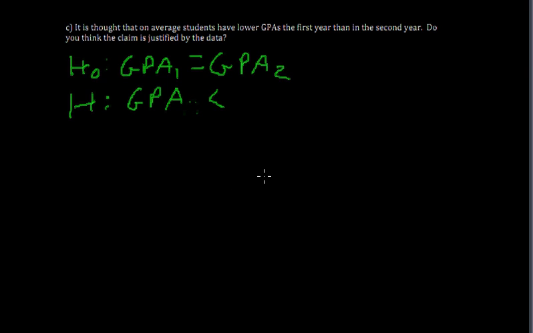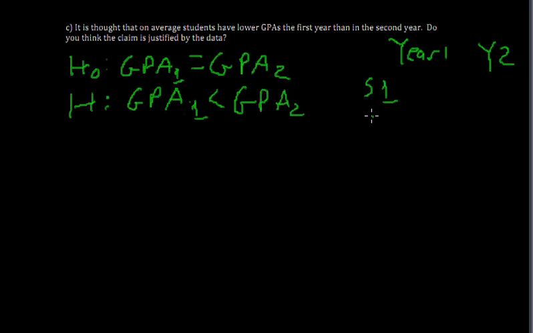Now, there's an important issue here, namely that this is a situation where we'll do a paired test. And why are we doing a paired test instead of a two-sample test? Well, because if this is year 1 and this is year 2, and this is student 1, student 2, all the way down to student 100, right?